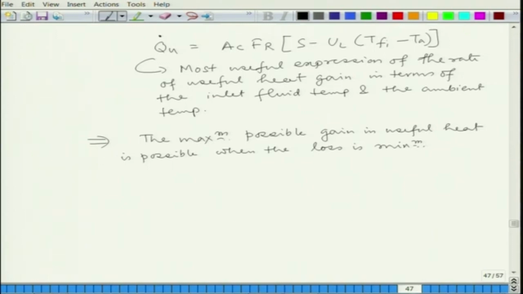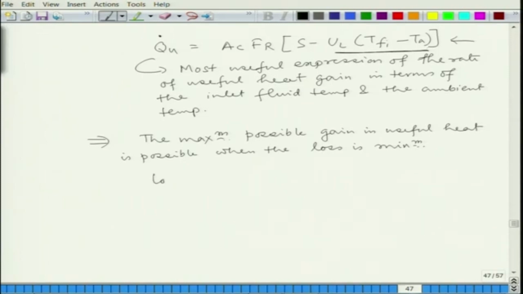Now, in the above expression you can see that the temperature difference comes with the loss factor, U L is the loss factor, and that particular part is minimized when you have T F I minus T A to be the minimum, right.